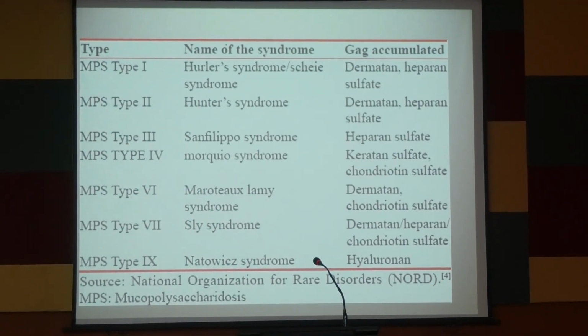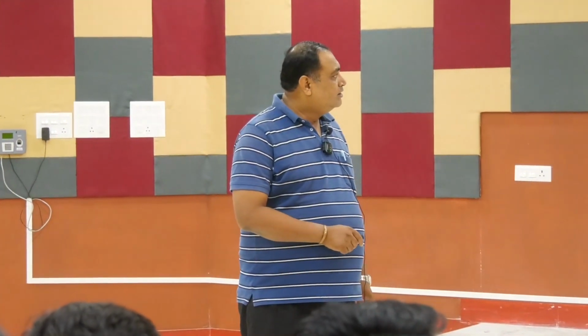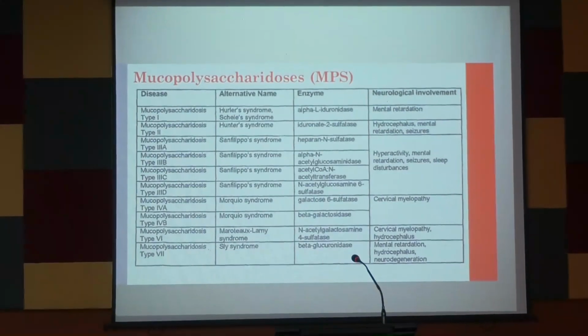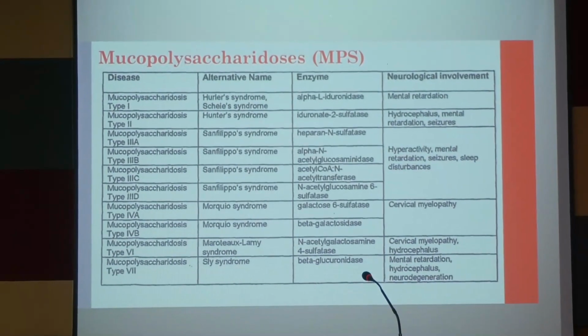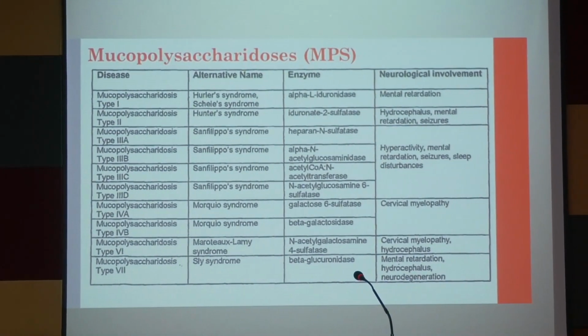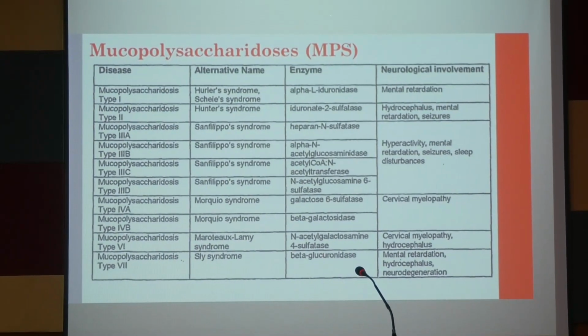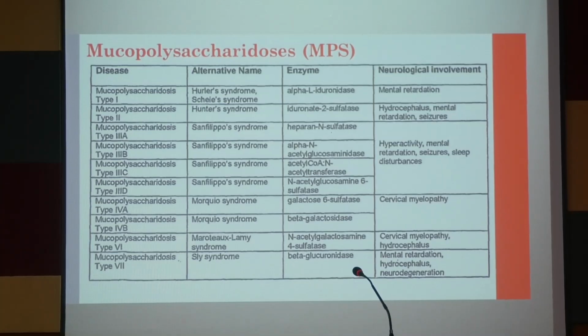Why are two together? The answer is here, this is one, two diseases. Actual classification, if you go through Harrison's Internal Medicine, is MPS 1H, MPS 1HS. H means Hurler, HS means Scheie.